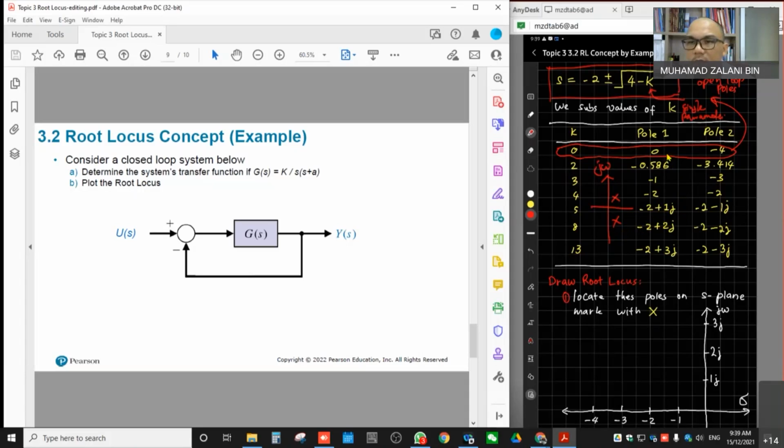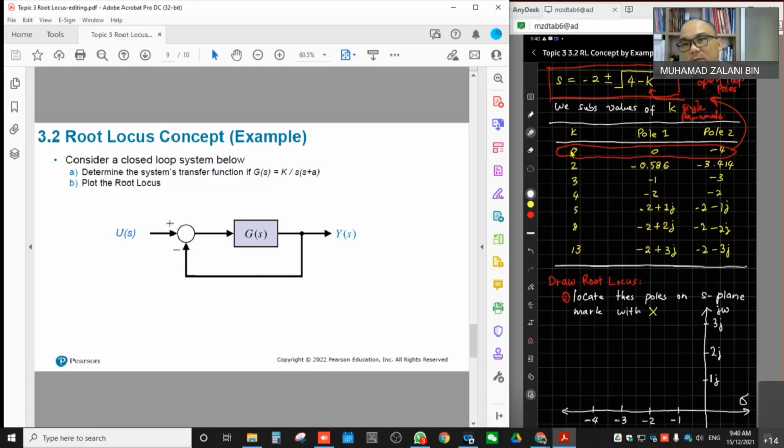Pole number 1 is referring to the positive root of the imaginary part. Pole number 2 is the bottom one, which is the negative imaginary. So we have a pair of poles.